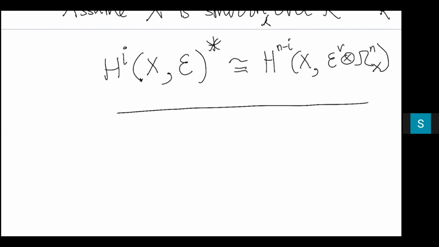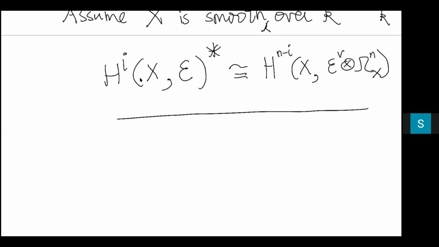This is not something that comes out of the formula, it's something you established much before. It's part of what is hidden in this equation: if you put E is equal to O, and I is equal to 0, it is telling us that Hn of X of omega nX is isomorphic to H0 of X, OX star.